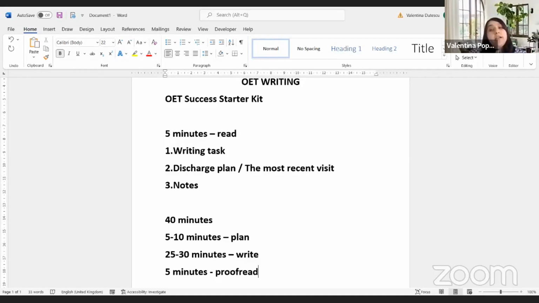Sometimes I see students not doing this at home, which is really, really bad. You can't expect to perform well on exam day if you're not able to do this at home on a regular basis. So if at home you do not use the timer when you do your writing, but you do write great letters, you might not be able to finish the letter in those 40 minutes.